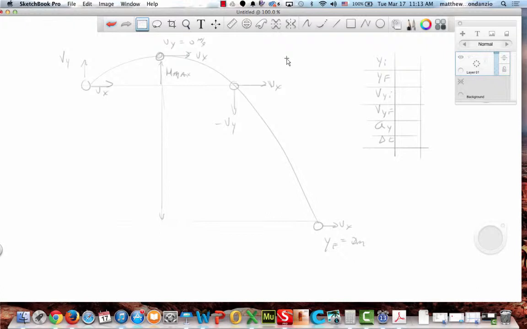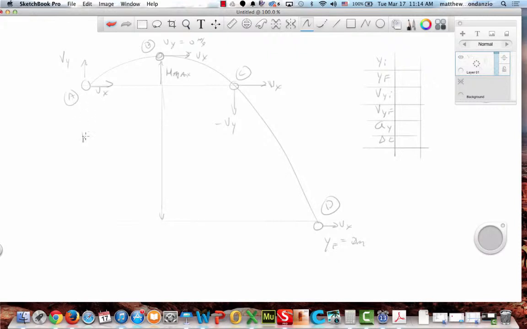So here's the thing. Those equations we use can be used at any point in time during this curve. I could choose the initial position to be here and the final to be here. Let's call this point A, point B, point C, and point D. I could choose my initial to be A and my final to be D. That's going to give me some different things, especially if I have a specific height here.